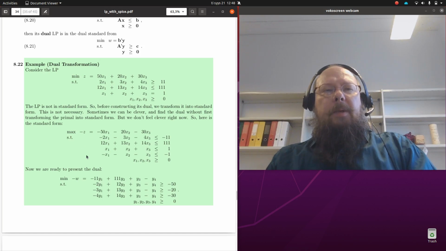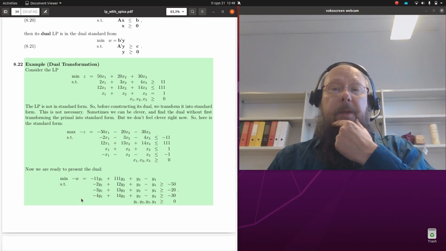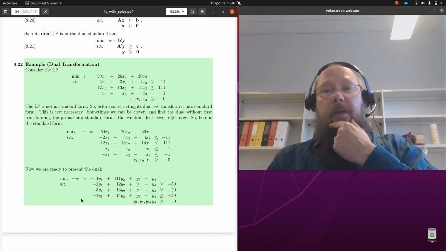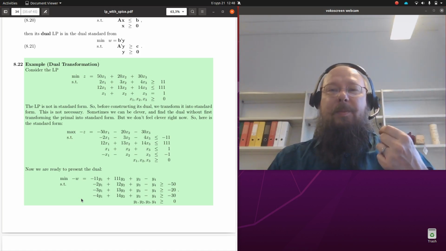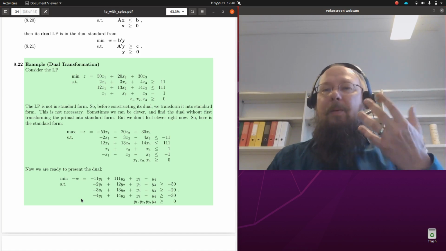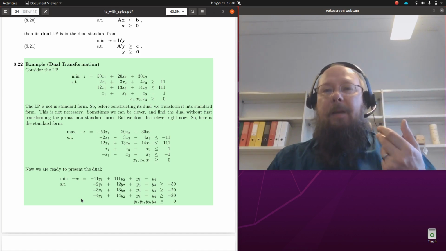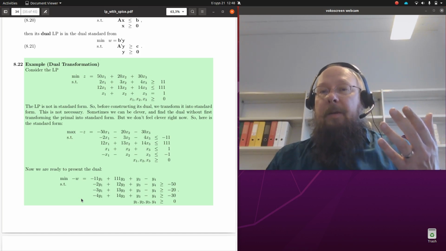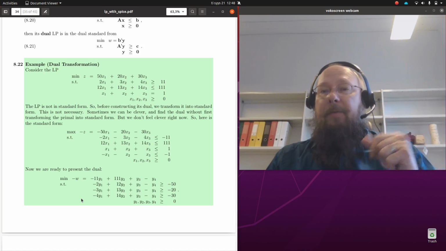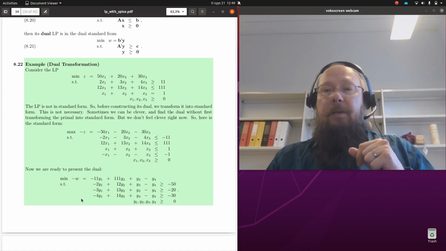But since we started with a minimization as the primal, it might be reasonable to change it into a maximization and present the dual not in a dual standard form, but in a primal standard form. I'm sorry, this may look confusing, but the idea is that the dual LP is an LP, and you can again represent any LP in different kinds of standard and non-standard forms.